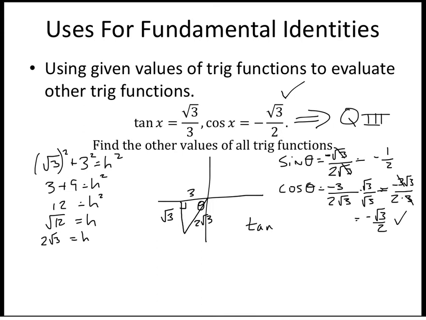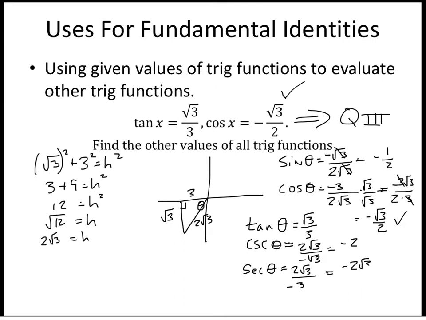Tangent of theta, we can see is going to be pretty easy. That's just square root of 3 over 3. Now cosecant of theta is hypotenuse, or 2 square root of 3, over opposite. Okay, and opposite has a negative direction, so this is going to end up being a negative 2. Secant of theta is going to be 2 radical 3 over negative 3, right? So negative 2 radical 3 over 3.